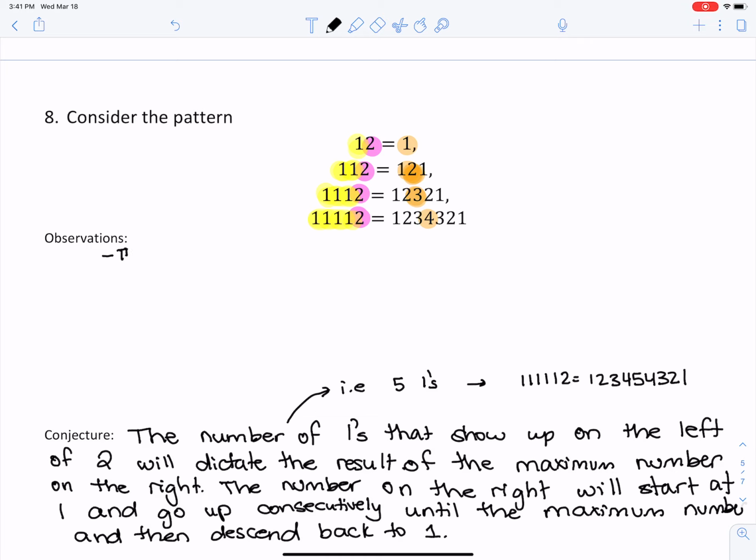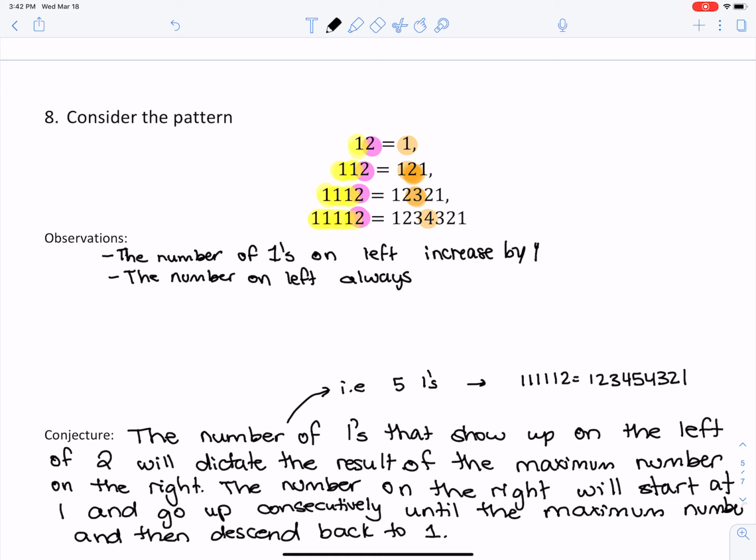So the number of 1s on the left increased by 1. I also know that the number on the left always ends in a 2. And then I notice that the result, the stuff after the equal sign, is equal to sort of like a pyramid that goes up to the maximum.